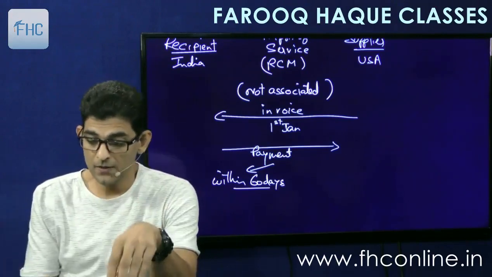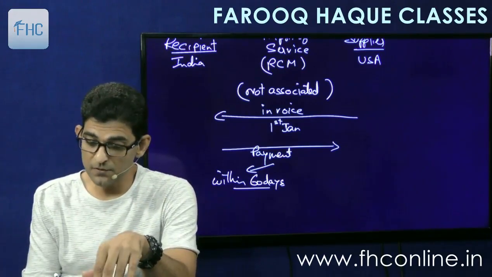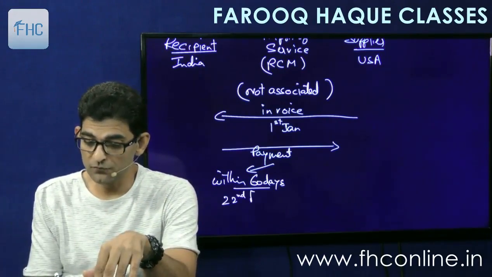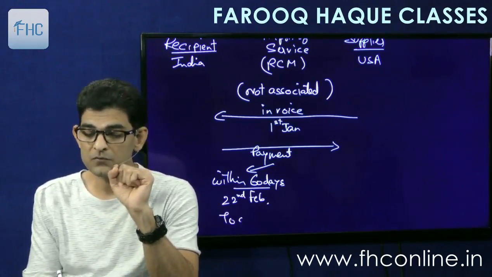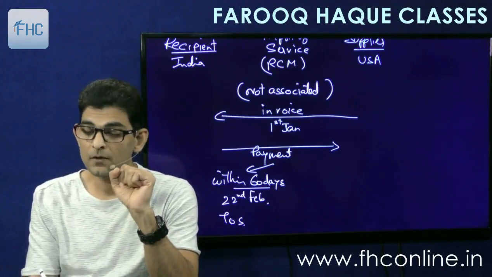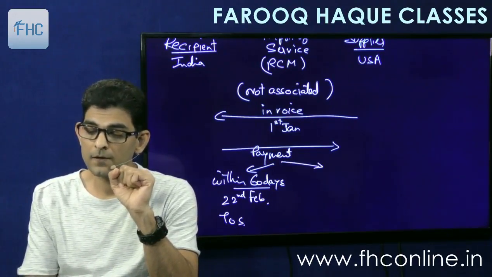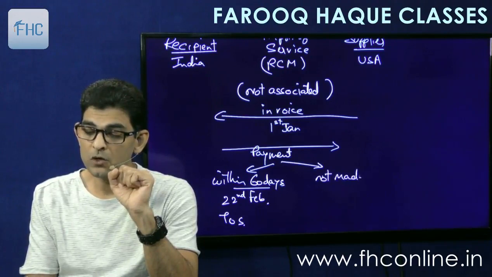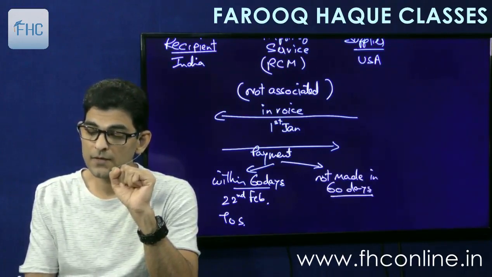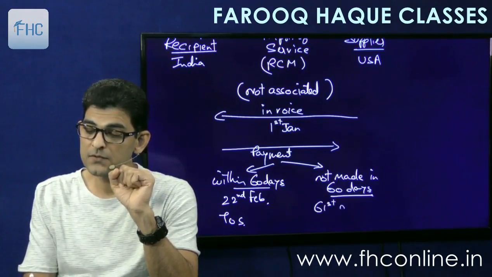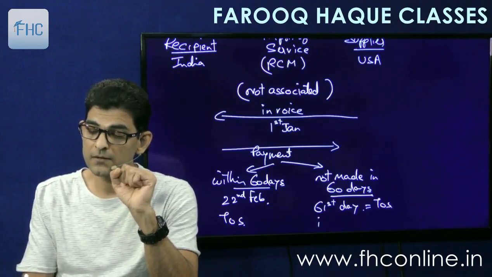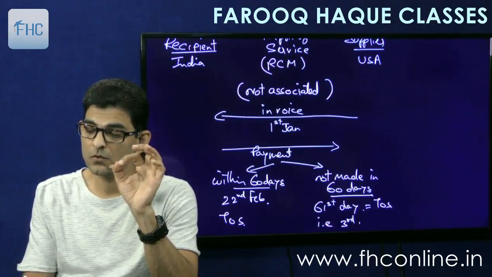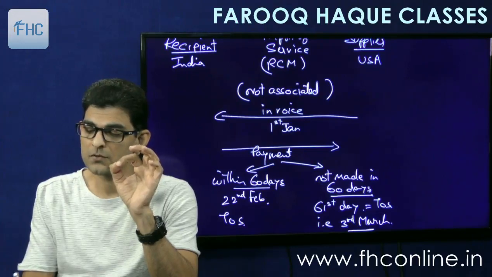Okay. So if the payment is made within that day, for example, 22nd of Feb, then 22nd Feb will become the time of supply. And if not made in 60 days, then the 61st day is the time of supply, that is 3rd of March.